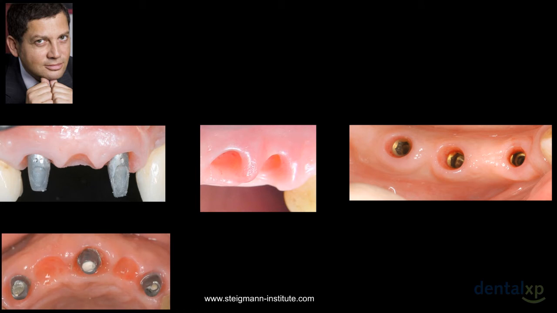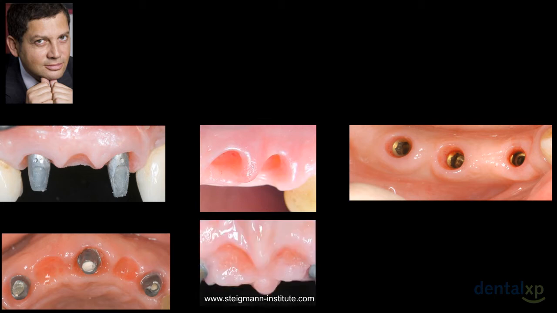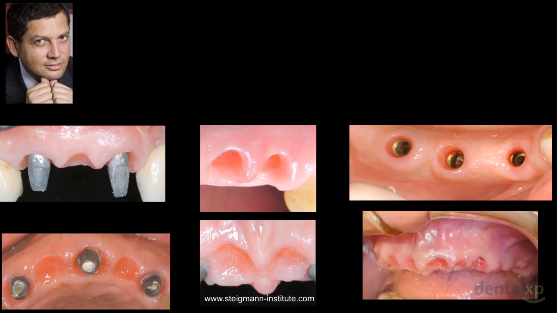However, in the last couple of years, we developed techniques to make a prosthetic scaffold so we can develop a good emergence profile and create an illusion of a similar architecture like that of the natural dentition, especially when we can alternate implants and pontics, but also when we have multiple adjacent implants.